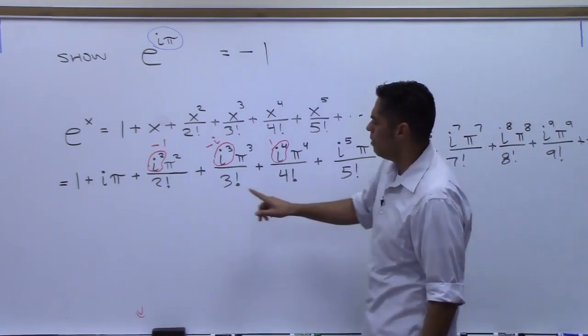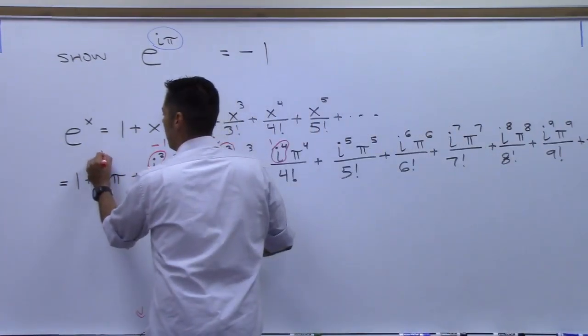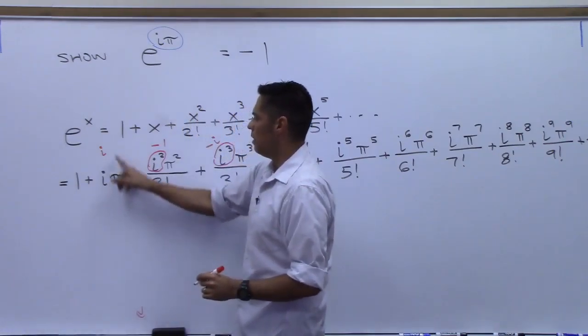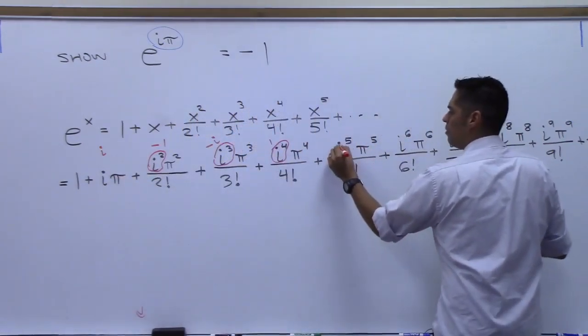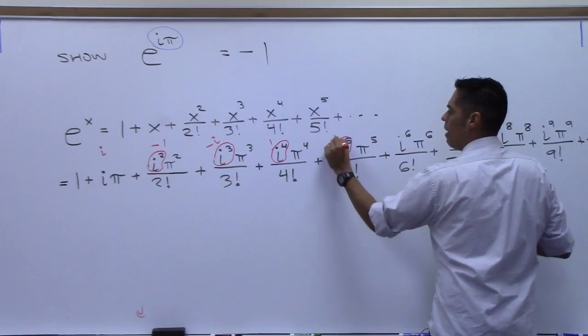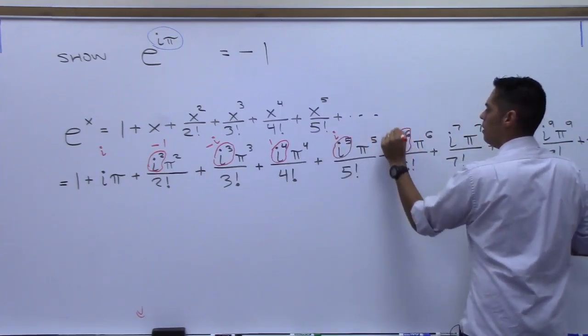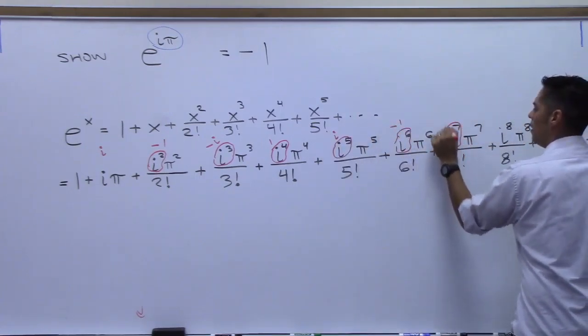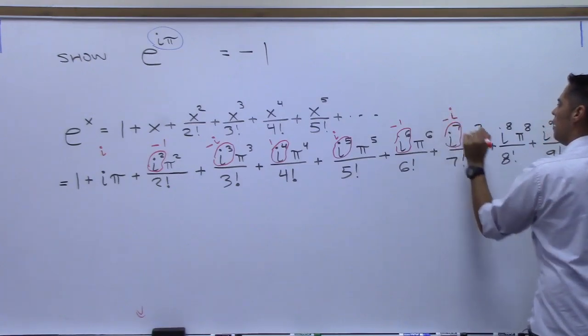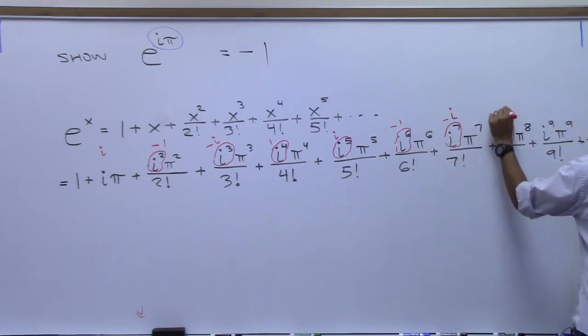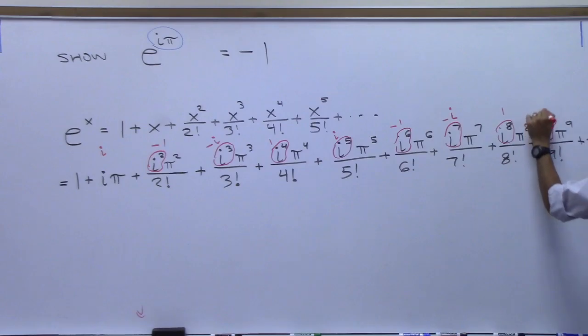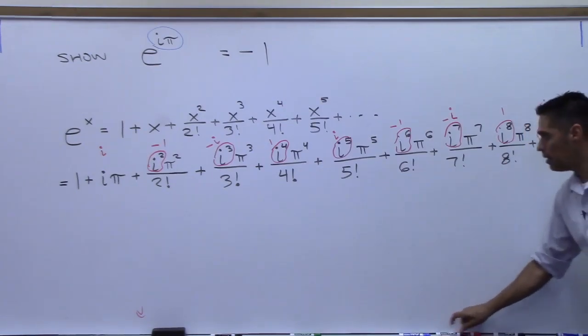And what was this one? This one was just i, right? The number in front of pi? This next one should be i, and then this one -1, then negative i, and then 1, and then i, and so on and so forth, right? All right, we're getting there.